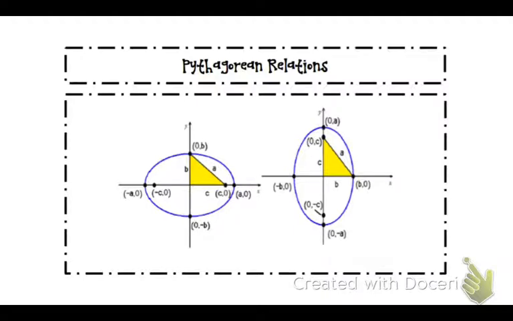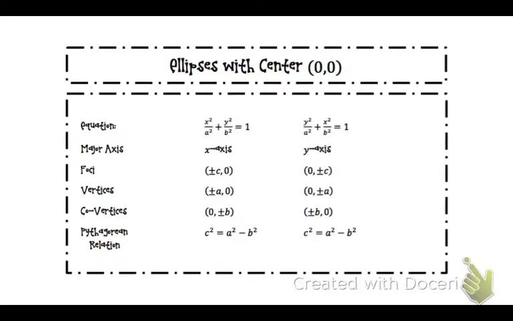You can use the Pythagorean theorem here to find certain things, except we've switched our C and our A. Now our C is our A value. We can get into that more later, but you basically use the Pythagorean theorem to find the C value.